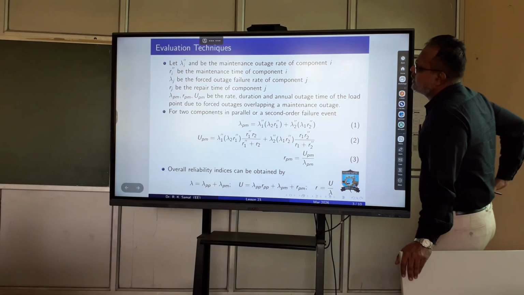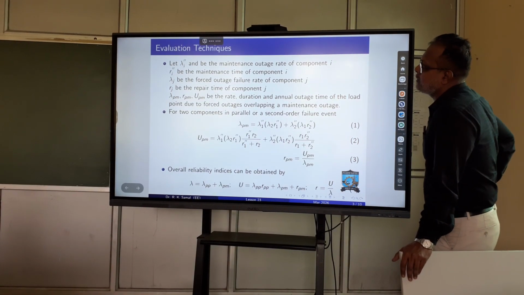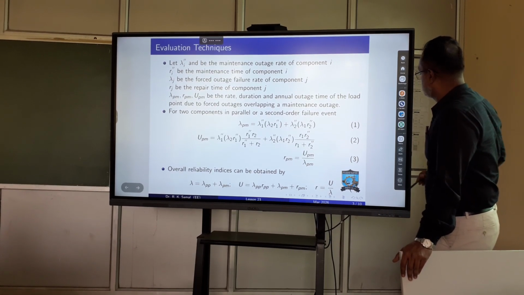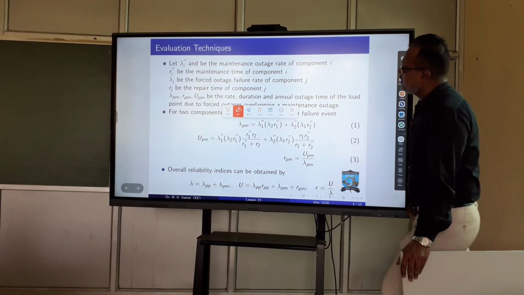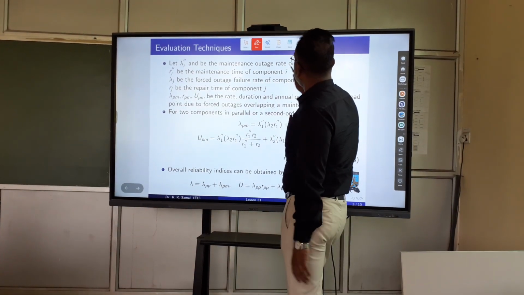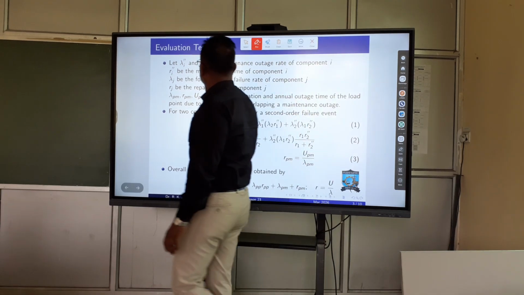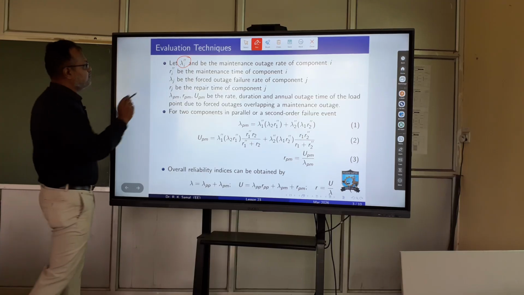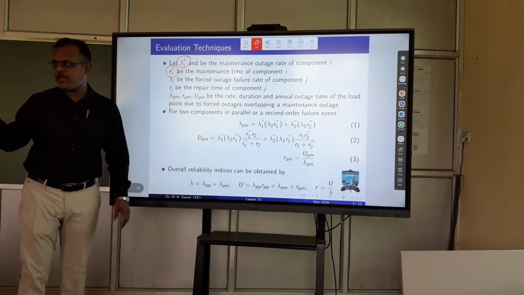Now once you impose scheduled maintenance, what are the evaluation techniques? Let lambda double dash be the maintenance outage rate of component i, and r i double dash the maintenance time, that means outage time, as we discussed.